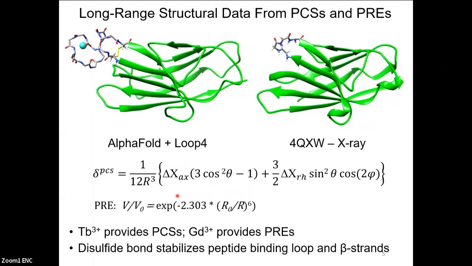The way we're going to do that is starting with a known structure of this domain, and we're going to use the effects on the amino acids to evaluate those parameters, and then we're going to come back and look at what happens to the pseudocontact shifts and paramagnetic relaxation enhancements of the glycans.